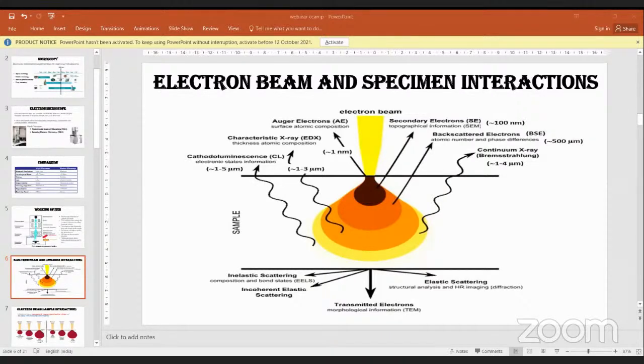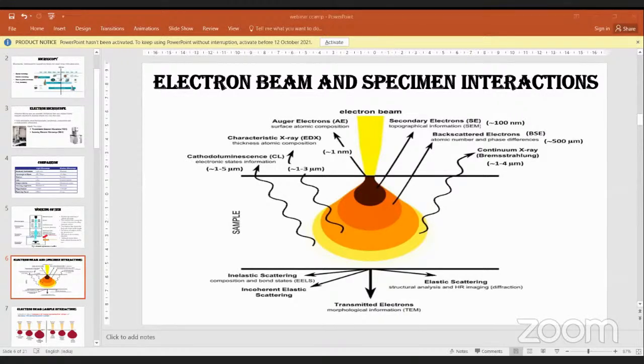In this image, we can clearly see the effect of voltage. This is the backscatter imaging of a tin ball at 5 kV, this one, and this is at 15 kV. With lower voltage, the carbon contamination on the top of the sample becomes visible.